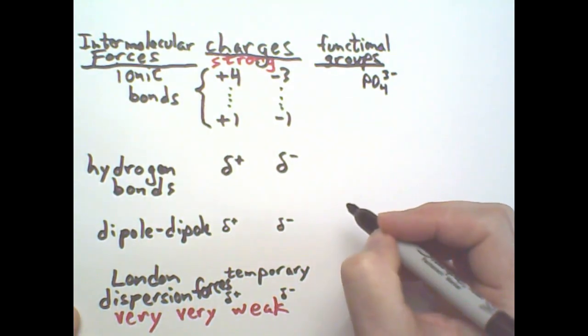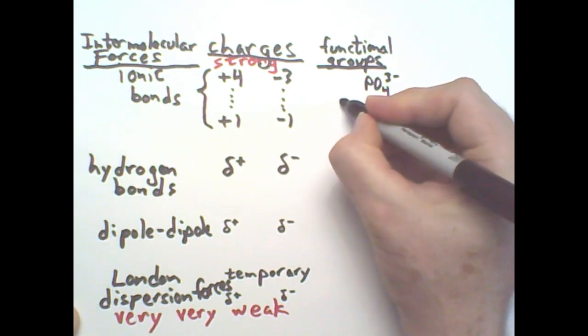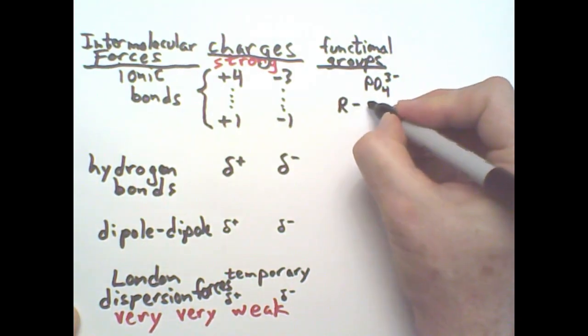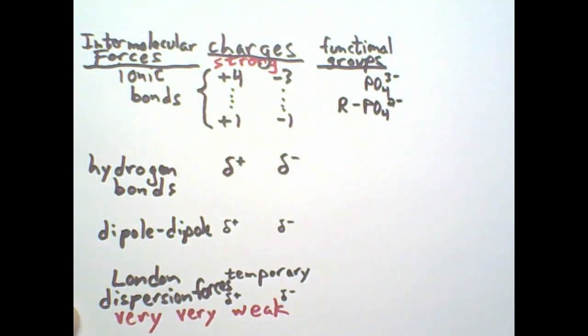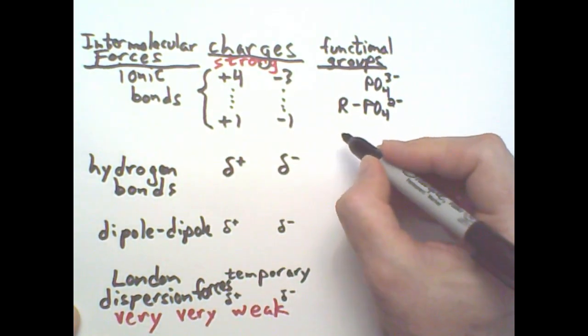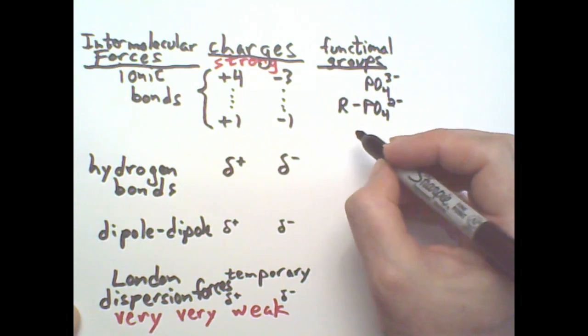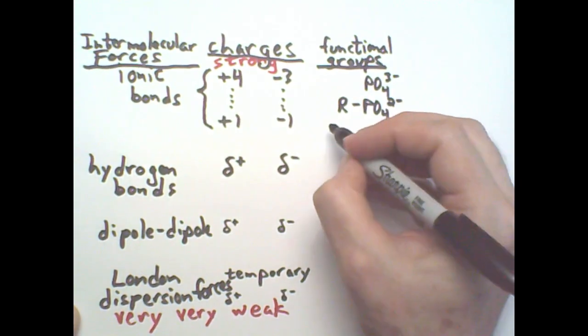Or it might be bonded to some organic molecule. And it will only have a -2 charge. But there are only 2 organic functional groups that we've seen with charges.